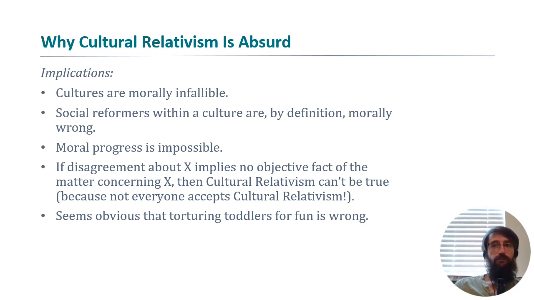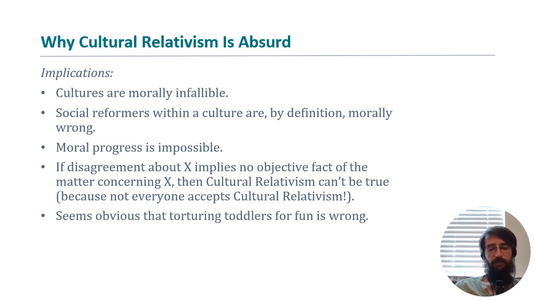There are further reasons to think that cultural relativism is not the view to endorse. It seems to result in the same kind of absurdities that subjective relativism results in. So one implication of cultural relativism is that cultures are morally infallible.